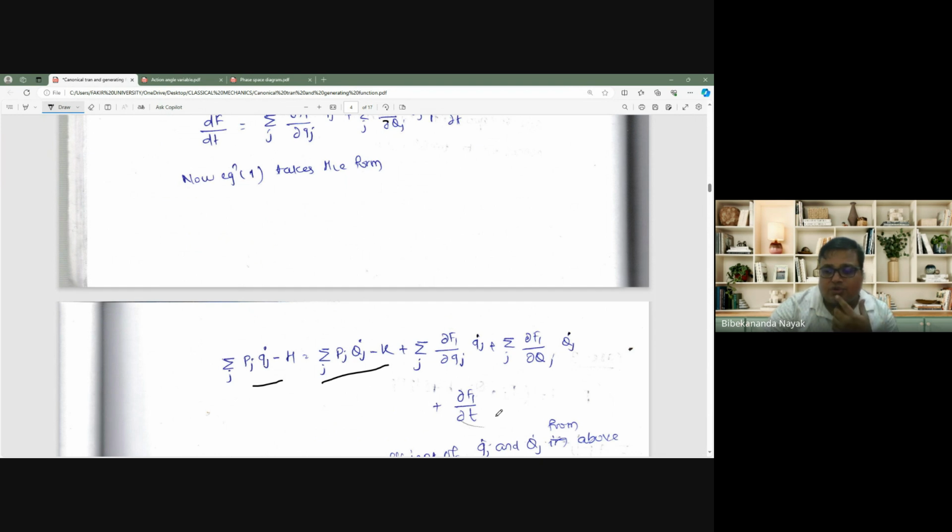Now compare the coefficients. The left hand side coefficient must match the right hand side. Here small qj dot is multiplied with small pj, but on the right hand side del F1 by del qj is multiplied with small qj dot. So by comparing, we say small pj is equal to del F1 by del qj.